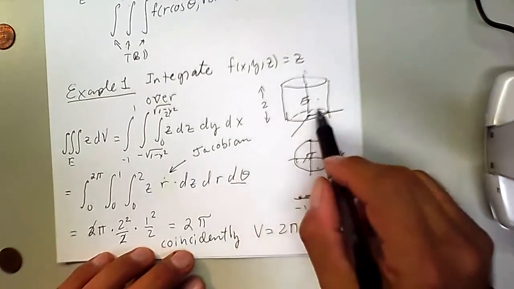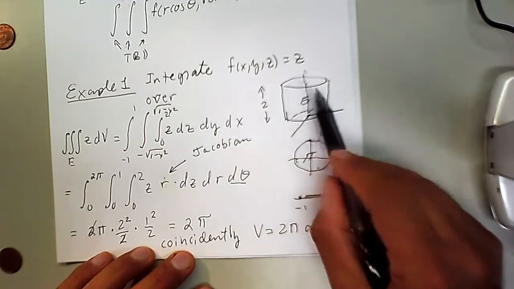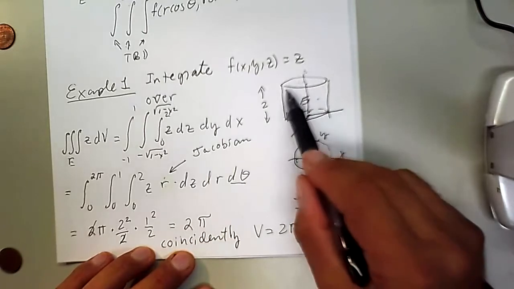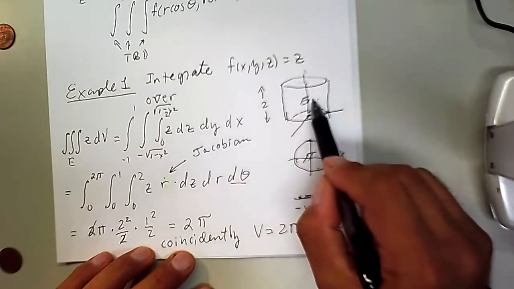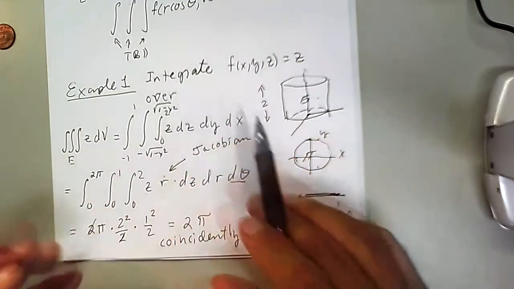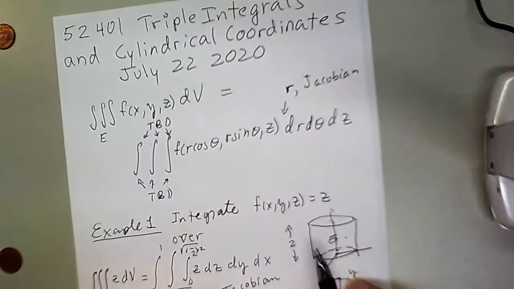However, we could expect it also because everything is very symmetric in this integration, and the solid is very symmetric, and so there's no place for things to go one way or the other. So this is a pretty straightforward example. The next example will not be as straightforward.